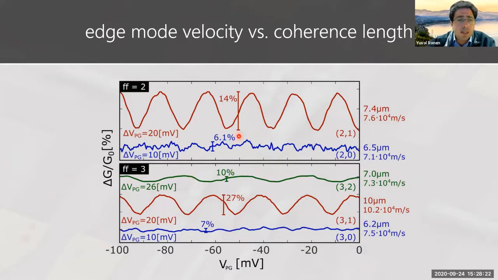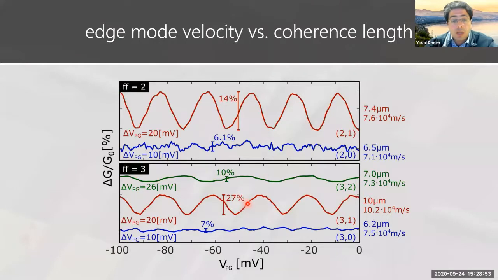So this is in filling factor 2. In filling factor 2, you have the inner edge oscillation and the outer edge oscillation. And in filling factor 3, again, you have 3 different oscillations. Something different from gallium arsenide: in gallium arsenide, it's always the outer edge which has the highest visibility, and in our devices, it's the middle edge.